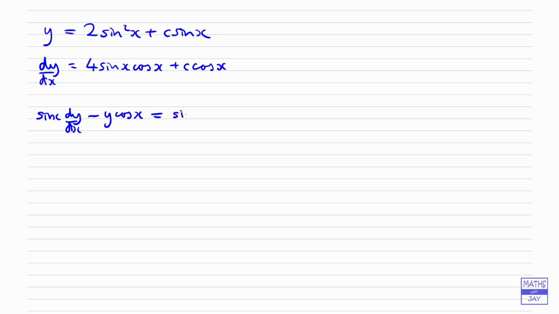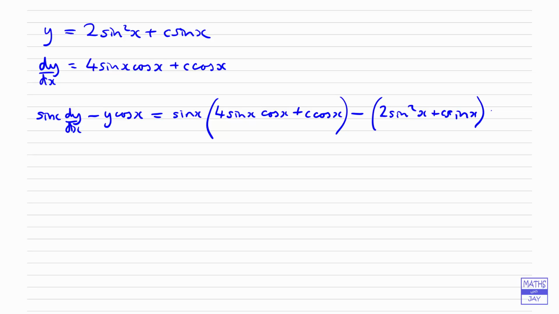So sine x to start with, and then we're multiplying our dy by dx, so that's 4 sine x cos x plus c cos x. So that's sine x times dy by dx. And then we'll have minus y times cos x, so minus 2 sine squared x plus c sine x, and that's going to multiply cos x.